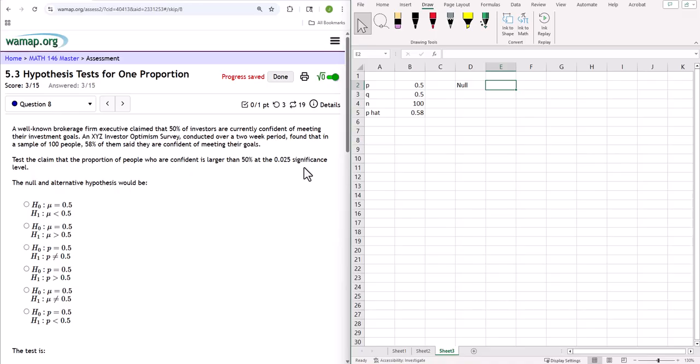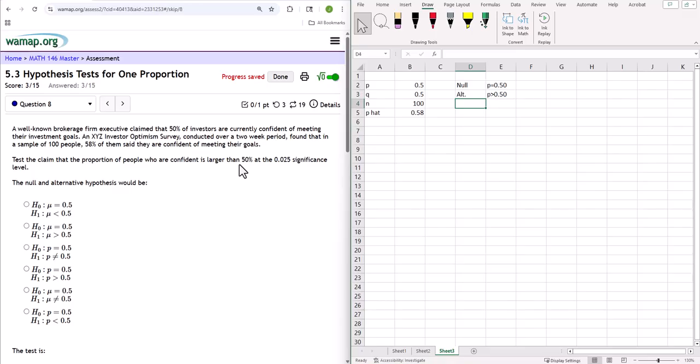Okay, so our null hypothesis here, P is equal to 0.5. And we're always going to use the claim value here in our null and alternate hypothesis. The alternate hypothesis, again, test the claim that the proportion of people who are confident is larger than 50%. So now we've got P is greater than 0.50.